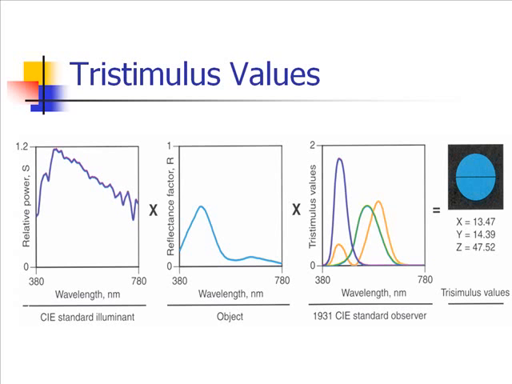And if you didn't see that was blue, could you tell that by looking at those X, Y, and Z values? If I said X was 13, Y was 14, Z was 47, you would say, of course, that's blue. I can't do that. And nobody can do that. They are numbers that represent a color, but they don't mean a whole lot to us intuitively.